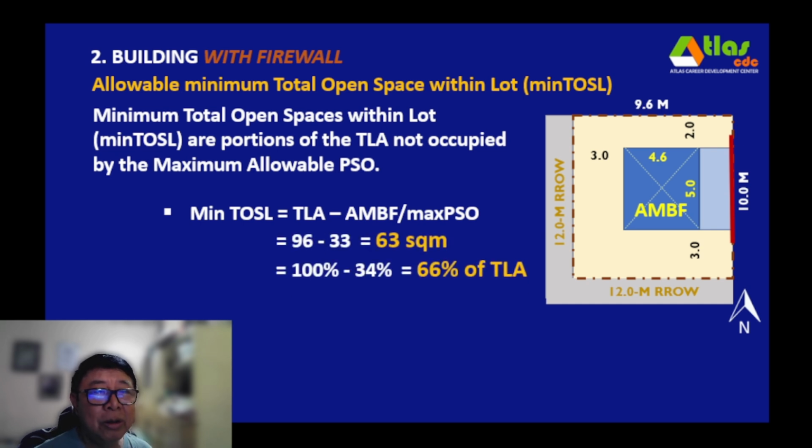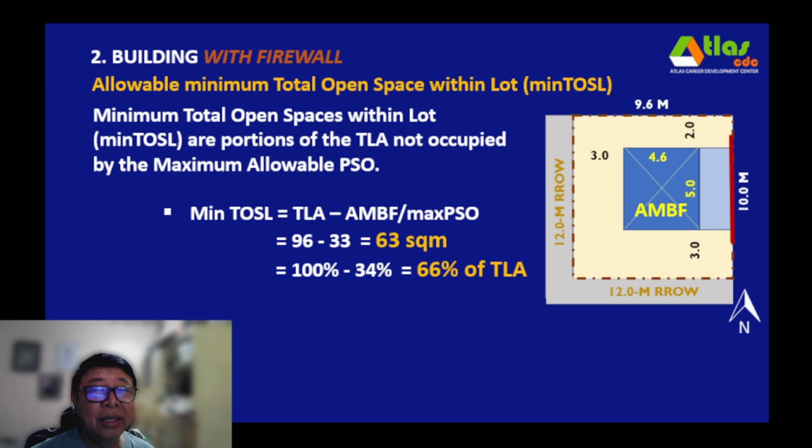So 96 square meters minus the AMBF of 33 will give you a minimum TOSL of 63 square meters. Or 100% minus the maximum PSO with firewall at 34% will give you 66% of the TLA.